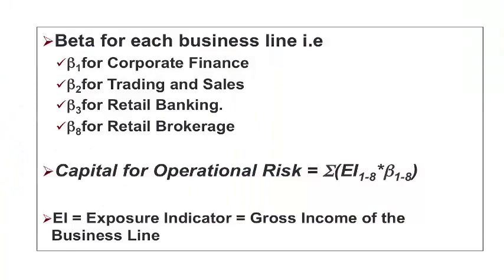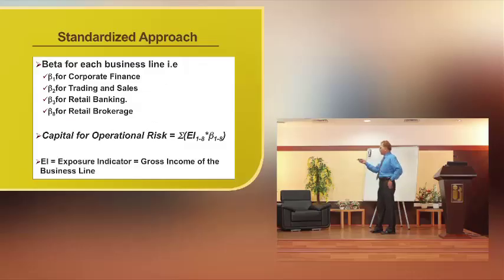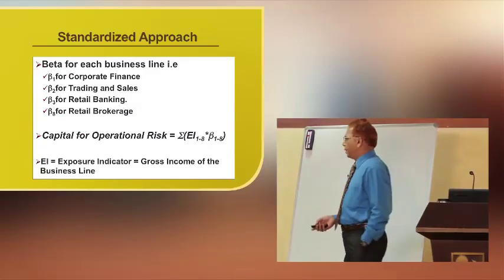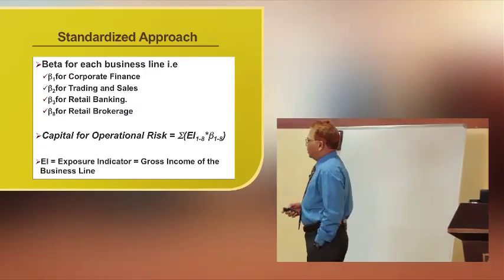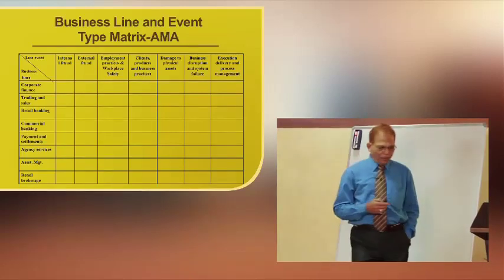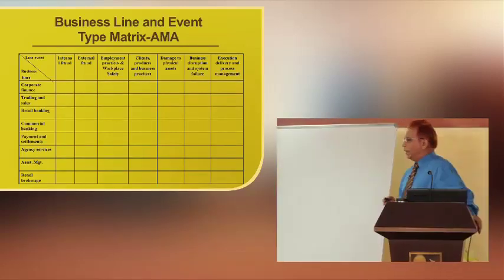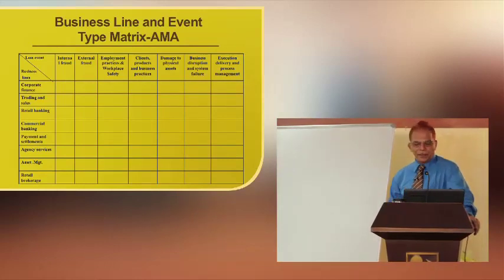So the exposure indicator in each of the business lines is basically the gross income coming out of the business line. When you add up all the business line income, basically you get what you get as the gross income in the basic indicator approach.